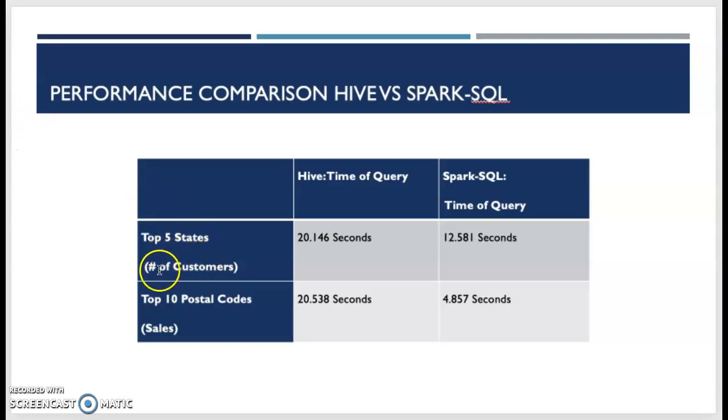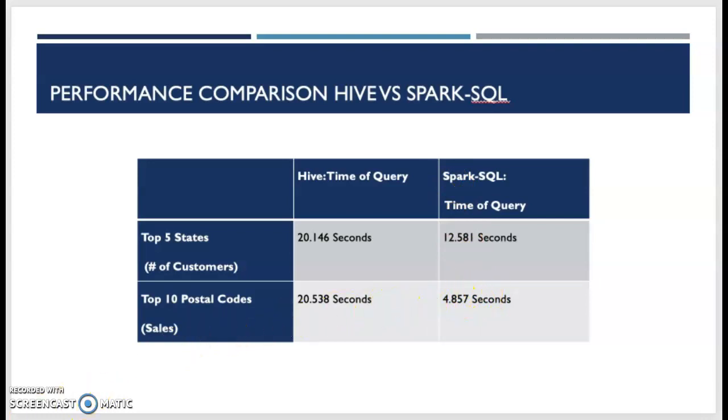For the top 5 states that had the most number of customers, in Hive it took 20.146 seconds, in Spark SQL 20.581 seconds. Spark SQL was almost twice as fast as Hive. The top 10 postal codes with the most amount of sales took 20.538 seconds in Hive and 4.857 seconds in Spark SQL. That's more than 4 times as fast as Hive.